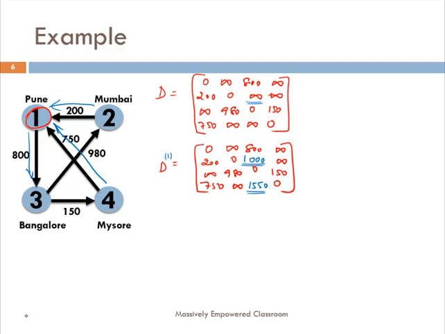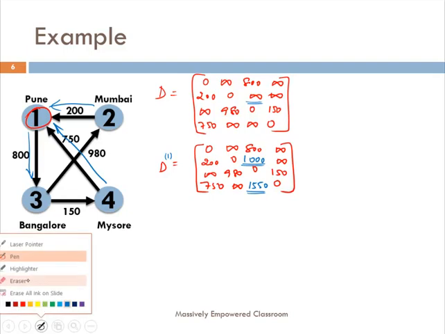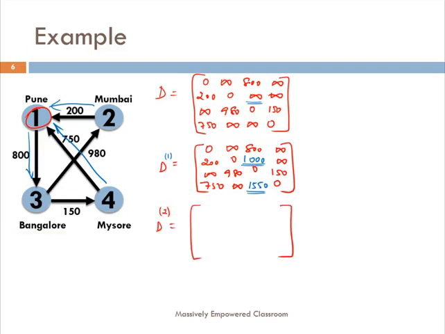So the next value will be when we do the next iteration. So we are now allowed to go through nodes 1 and 2, right? And the changes will be, here you will get 1180, and let me see, that will be the only new value that we will get. So you will get a path from 3 to 1.